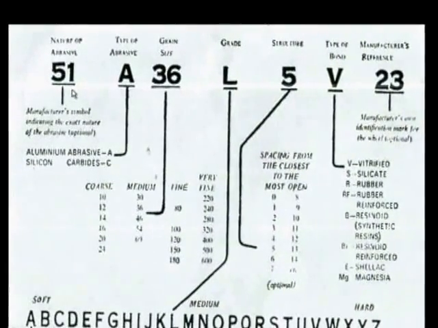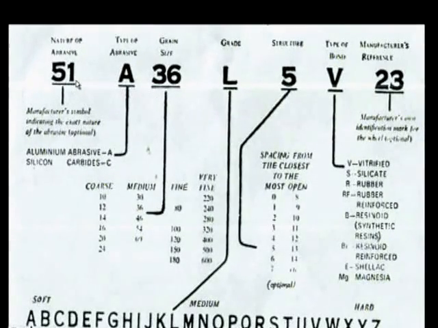Let us see this slide. In this slide we have given different things. The first one is 51A36L5V23. So, what is this 51A36L5V23? These things will appear on the grinding wheel.